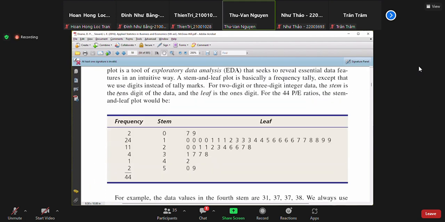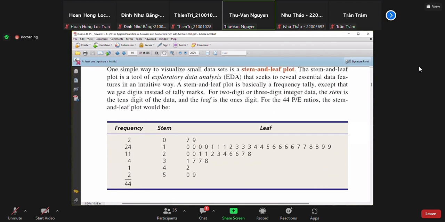If you want to see the stem and leaf display of this data set again, here we go. For example, if we have the data value 125, we divide it so that the last digit will be the leaf, and the stem will be all the other digits.